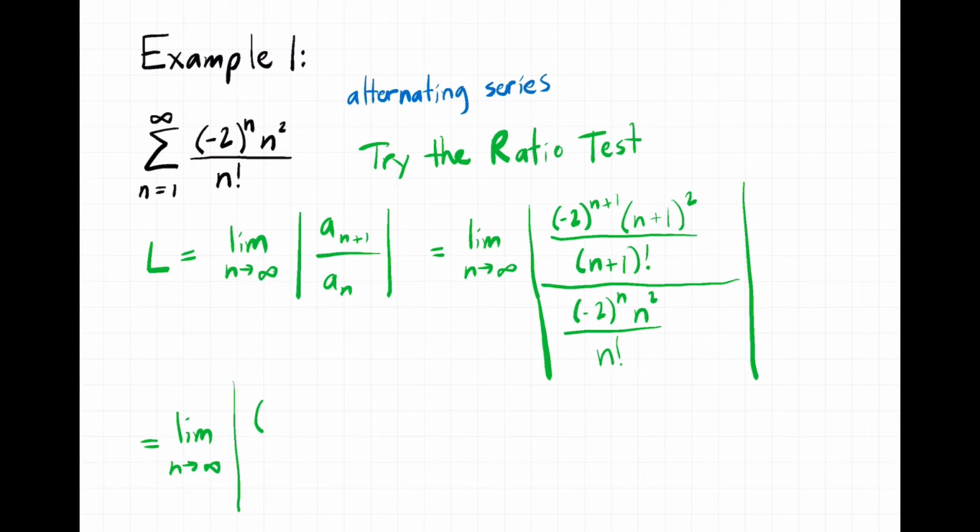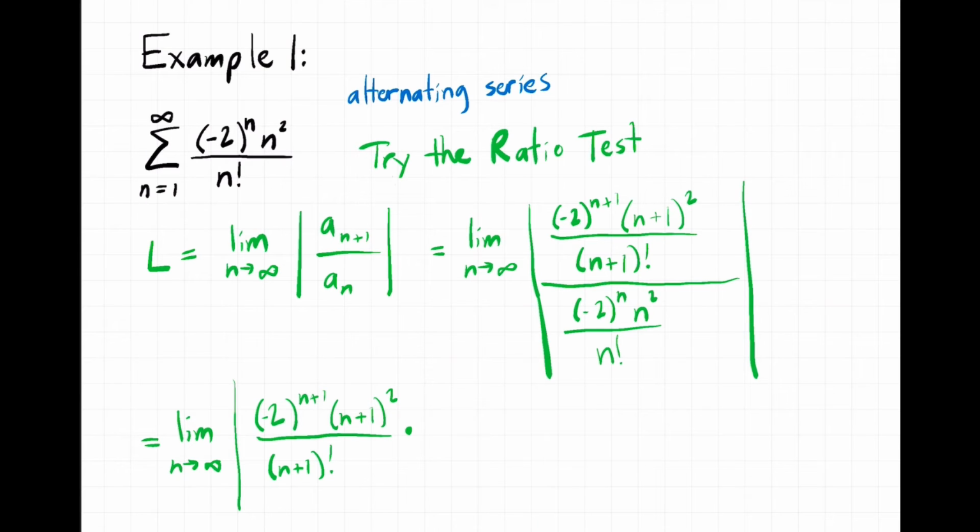So we're going to have negative 2 to the n plus 1 times n plus 1 squared over n plus 1 factorial times the reciprocal of a_n. So that's going to be n factorial over negative 2 to the n times n squared, all inside the absolute value.